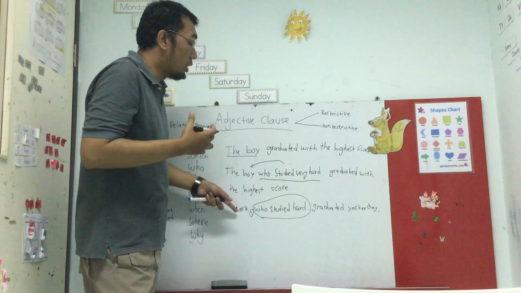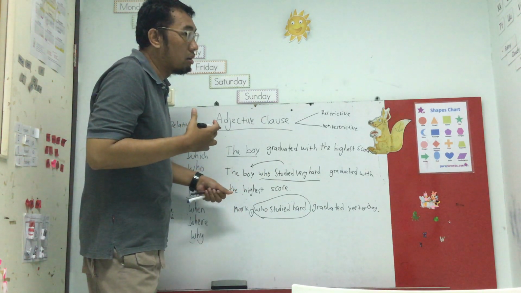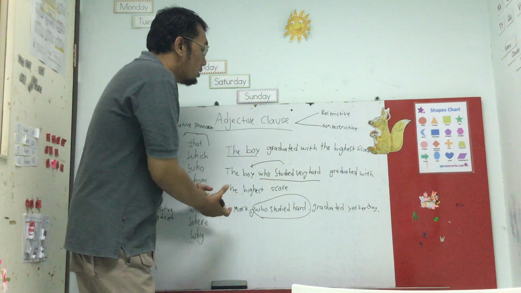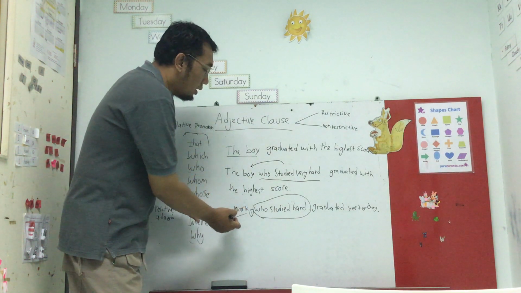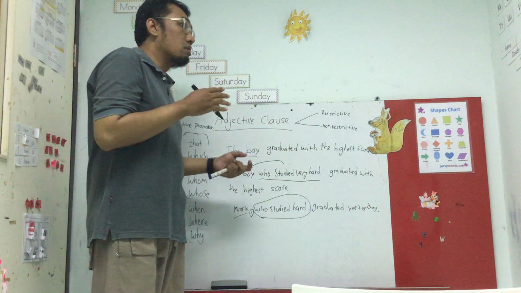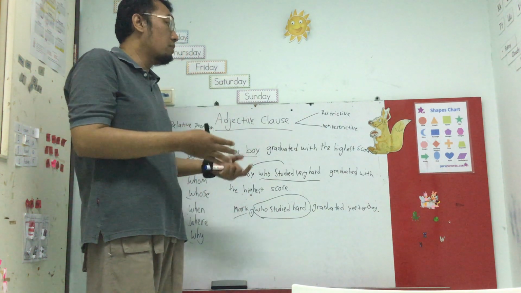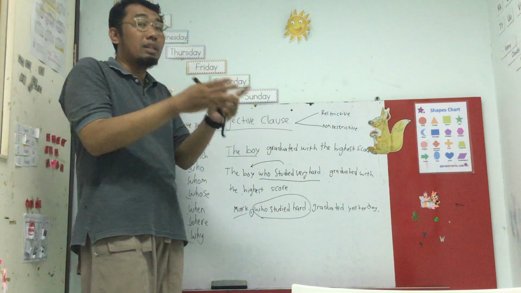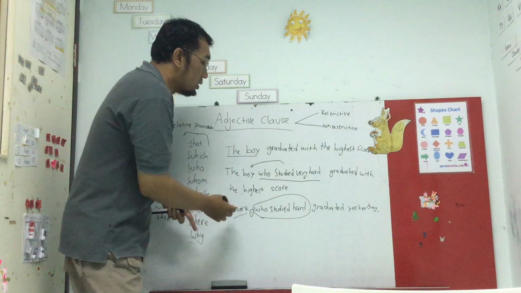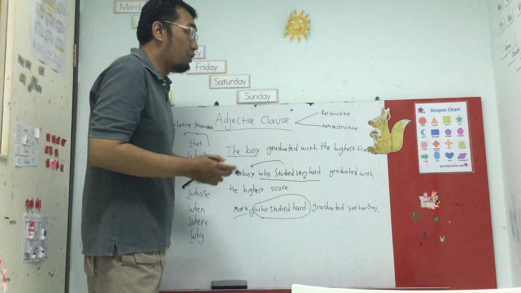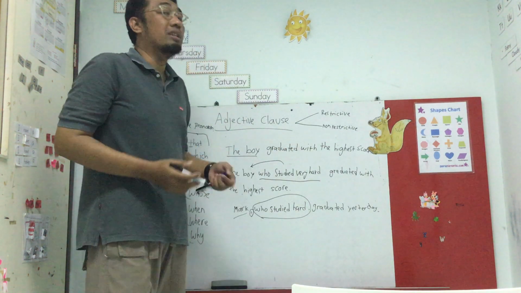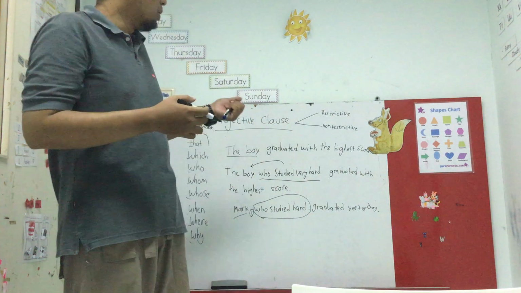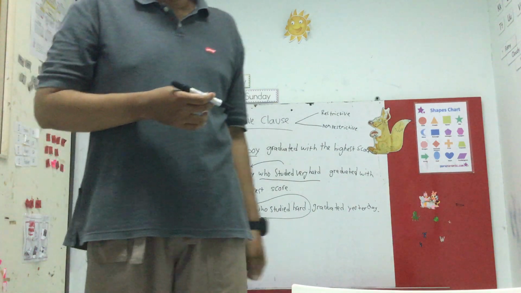But if it's not common anymore and already has the information, like Mark over here, which is already specific, it means that we know who it is. So it doesn't need the information. We put the comma in it just to add information. We call it non-restrictive.